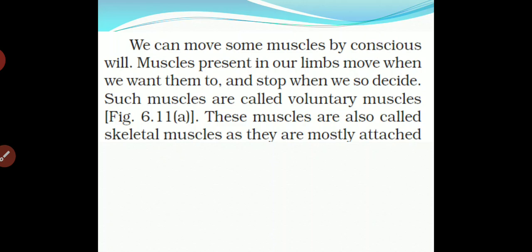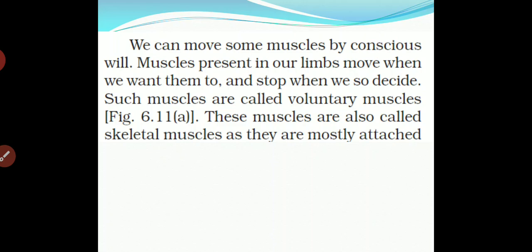Muscles present in our limbs move when we want them to and stop when we so decide. For example, the muscles present in our limbs can be moved by our own decision.